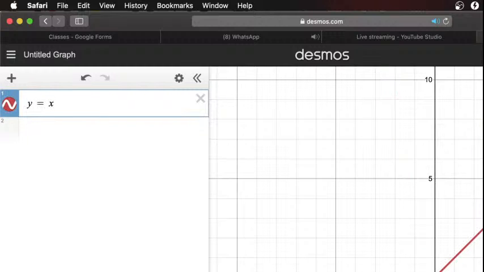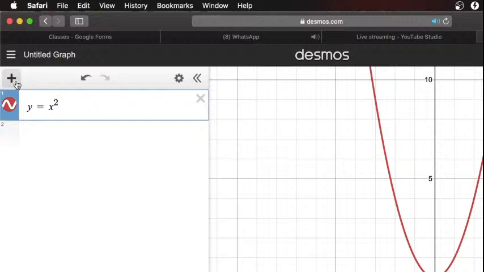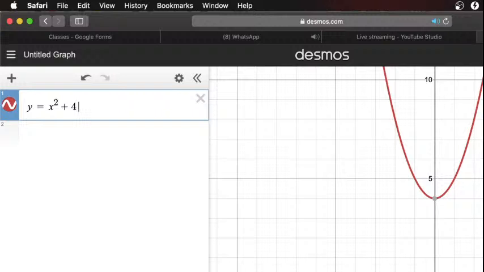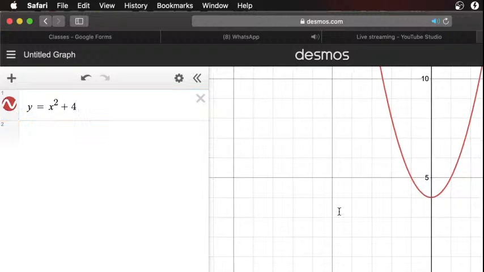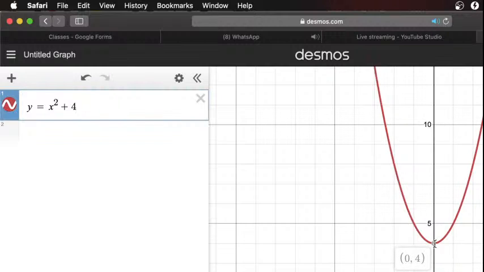Let's say I have y equals x square as my f of x. Now I want to find the graph of the function y equals x square plus 4. As you see, it would be a graph that moves in the y-axis by 4 units up, because the base has gone to 0 comma 4.